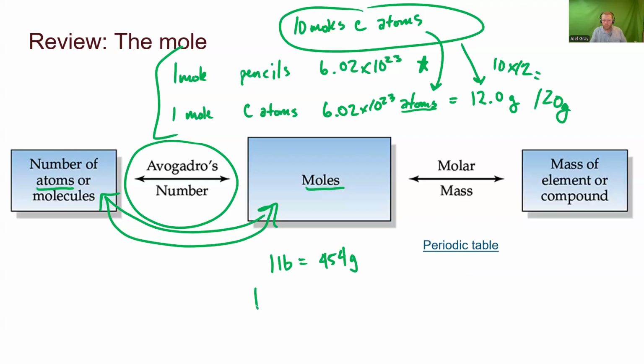Now, approximately how many moles of carbon atoms are in 1 pound of carbon atoms? And if you want, just plug into the chat the math that you would do to solve that question.